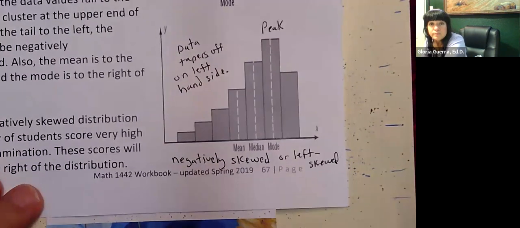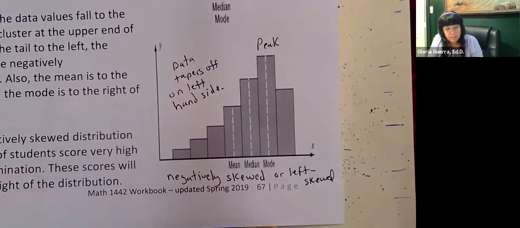Okay. Let me see if I have any other notes. We do have to talk about the three M's. That's how it's related to this section. Let me go back and read this.